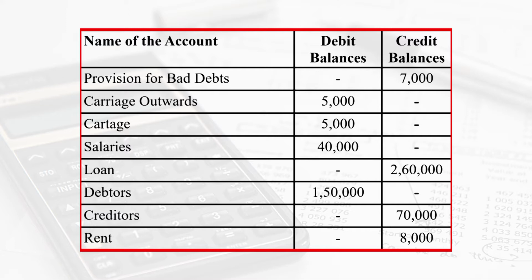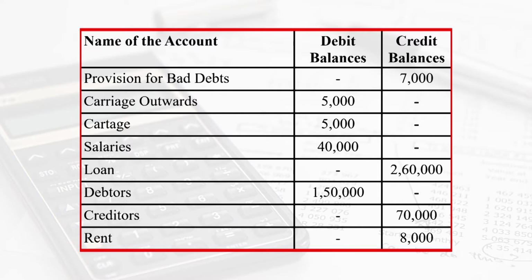Carriage outwards is again an expense. It means these are the expenses which we have incurred on selling the goods, or while the goods go out from the factory to the place of sales, 5,000 rupees, because it is again an expense and all the expenses will have a debit balance.